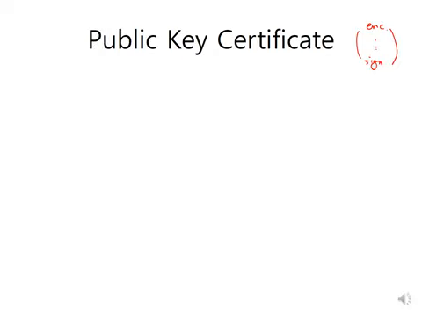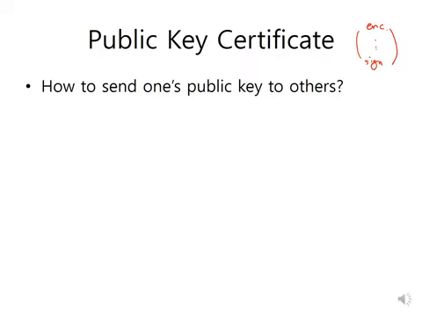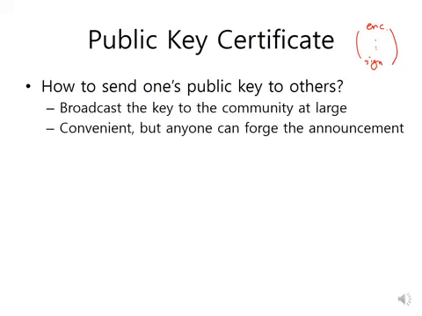So one key question in the public key crypto system is how to send one's public key to other users in the system in a secure way. One simple way is to simply broadcast the public key to all the people in the system. This is very convenient.